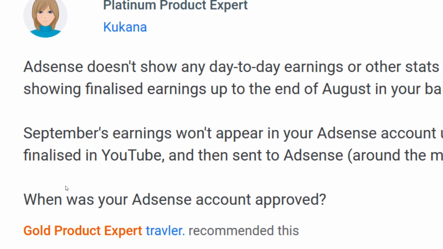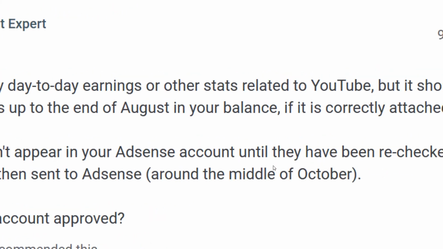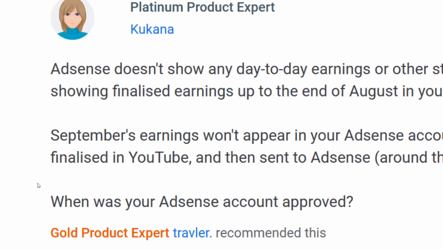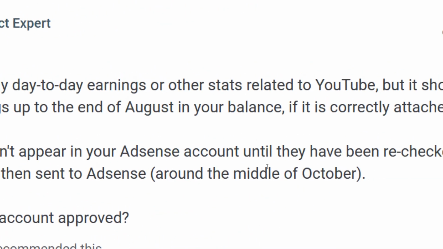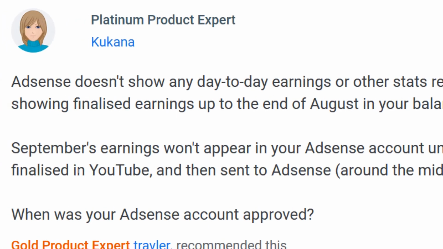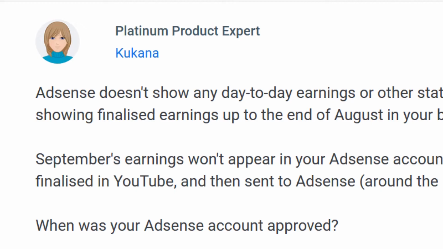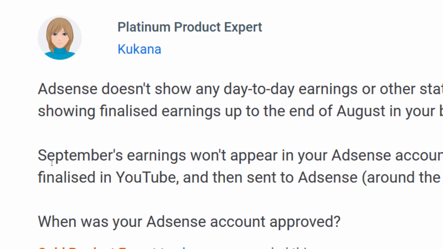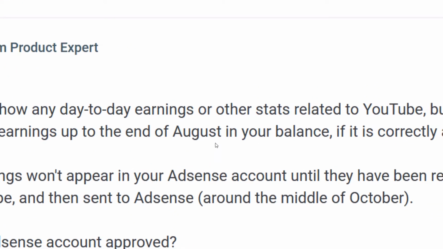And they're also saying that September's earnings won't appear in your AdSense account until you have been rechecked and finalized. Sorry, let me read it again. They're saying that September's earnings won't, and when they say September, you don't just take it literally. The person asked the question in July, so they told him that his earnings for July will appear somewhere between the 10th and the 14th of August.